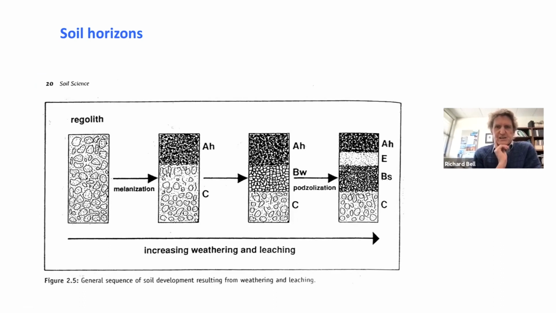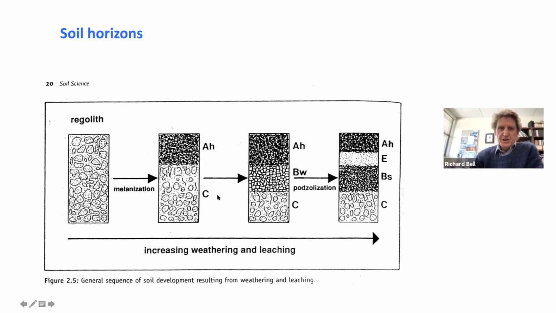Soil horizons are the essence of describing the differences between soils, and over time, with weathering and leaching, depending on the amount of erosion, we can start off with a parent rock or a parent material that becomes increasingly differentiated into so-called layers or horizons.